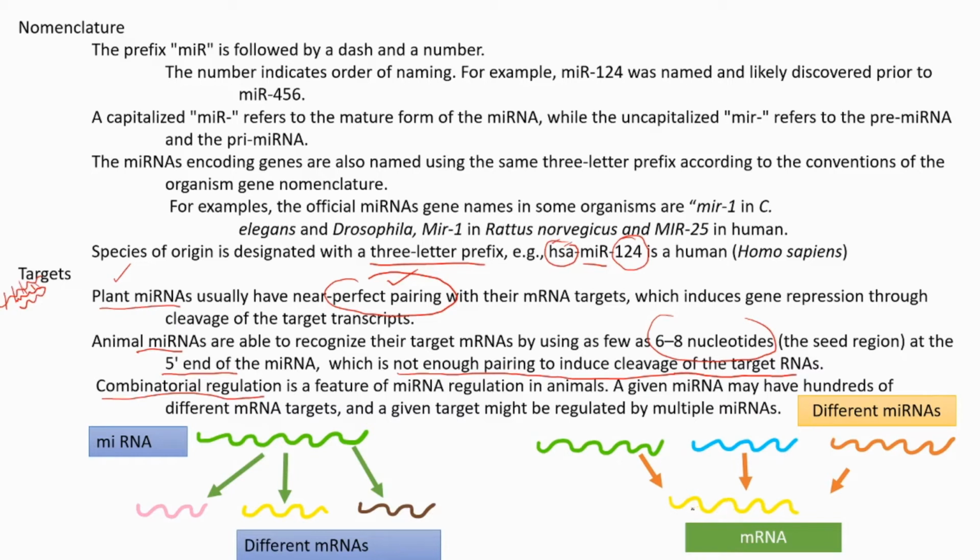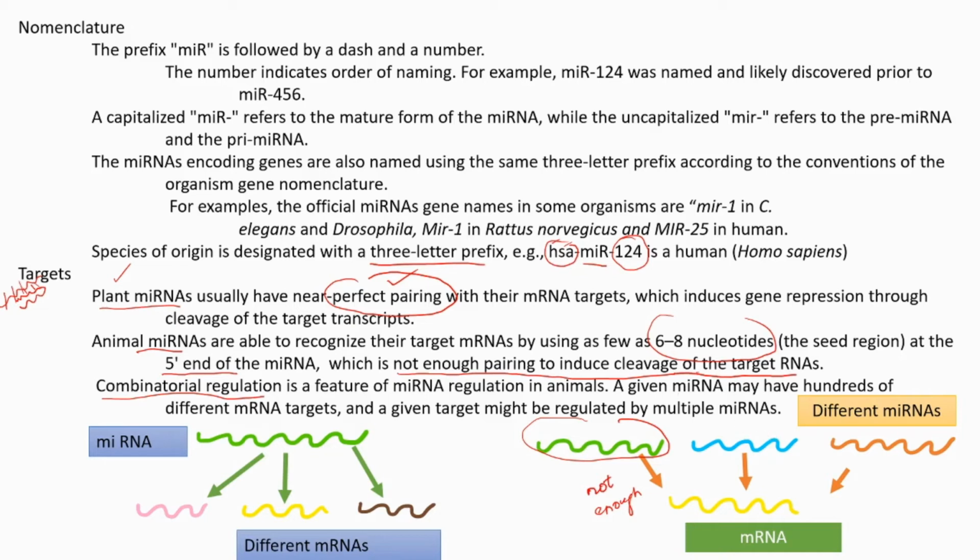That means, for disintegrating a single mRNA, a single miRNA is not enough because it doesn't have enough complementary sequence with this mRNA. So for damaging the entire length of the mRNA, it needs combinatorial regulation from other, different miRNAs.